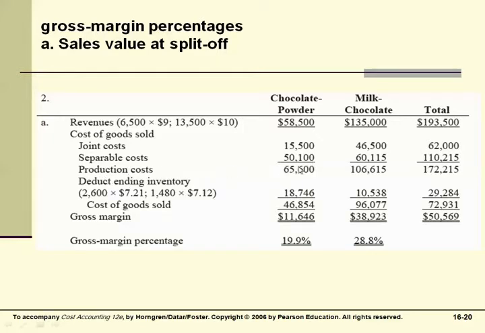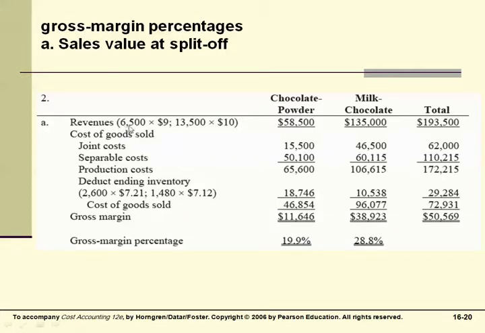So total production costs for chocolate powder equal 56,600. This is the total production costs, but we did not sell the full amount produced. So we have ending inventory here. We must deduct the ending inventory to reach cost of goods sold.